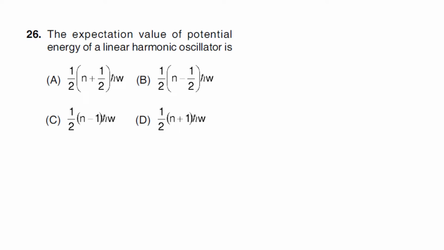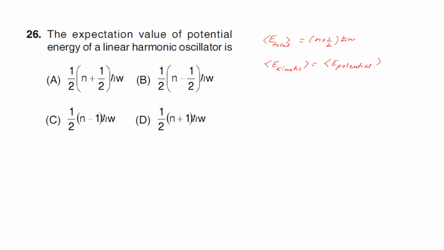As we know, for a linear harmonic oscillator, the total energy, or expectation value of energy, is given by (n plus half) h cross omega. For a linear harmonic oscillator the expectation value of kinetic energy is equal to the expectation value of potential energy, and we know that the total energy is the addition of both kinetic energy and potential energy.